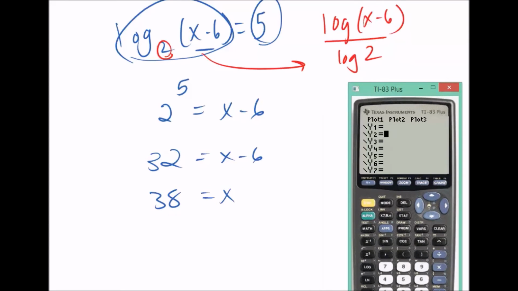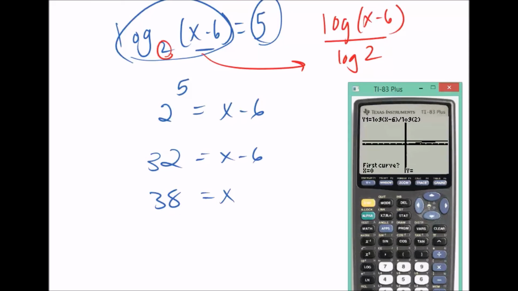That's what you're going to put into the first side. Log of x minus 6 divided by log 2. And in the second side, you're going to press 5. Graph it. We can't see the intersect, so we need to zoom out. Now we're going to calculate the intersect.